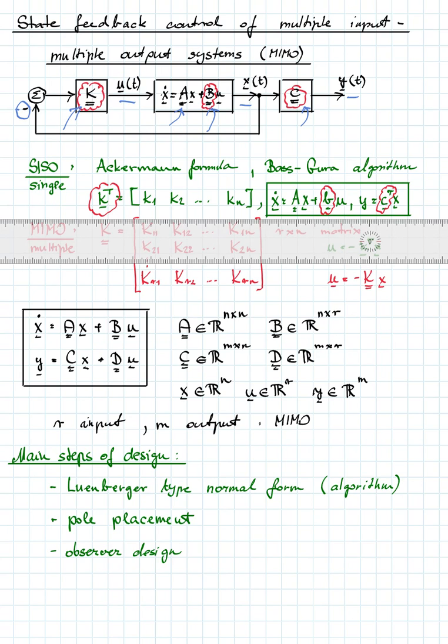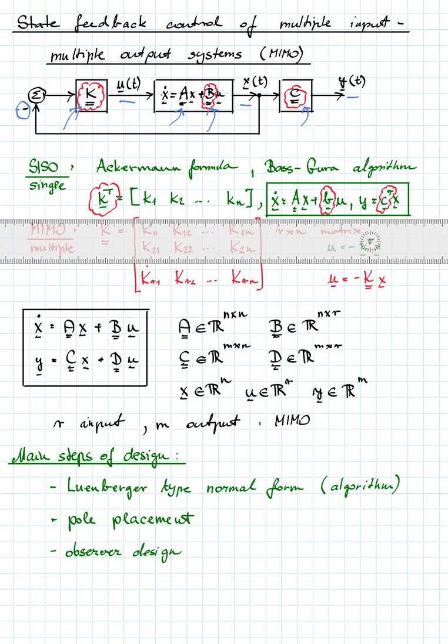In this case, B is just a column vector because we have got only one input. And in y equal to C transpose x, C transpose is just a row vector because we have got only one output. Please remember the difference between the single input, single output, and multiple input, multiple output systems.